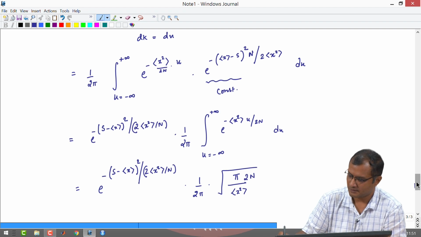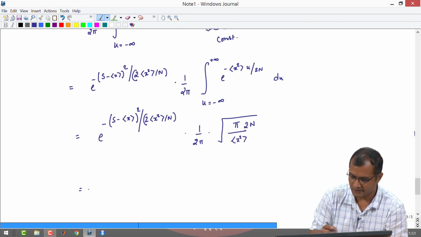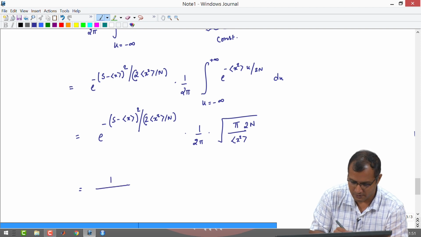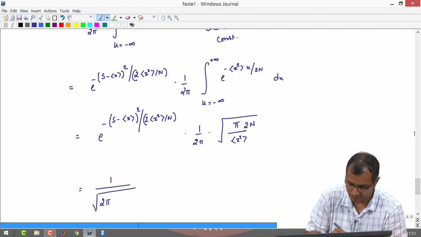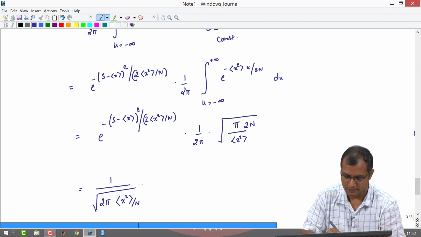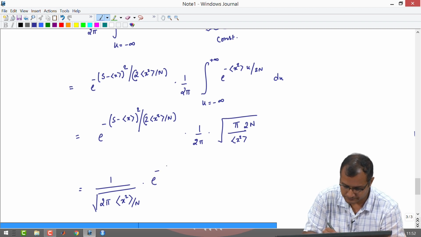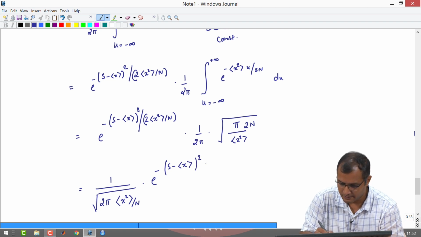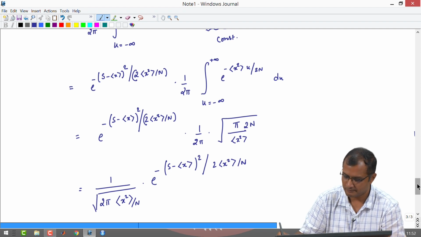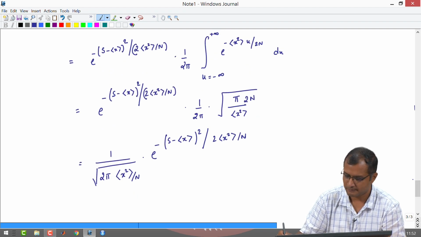Okay. So this would just be, if I write it as 1 upon square root of 2 pi, okay, into e raised to minus s minus mod x the whole square divided by 2 times x square by n. Okay.